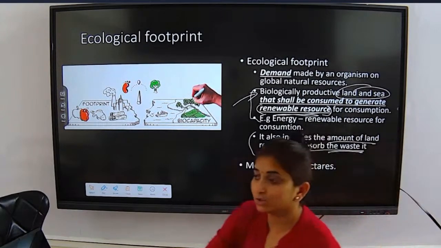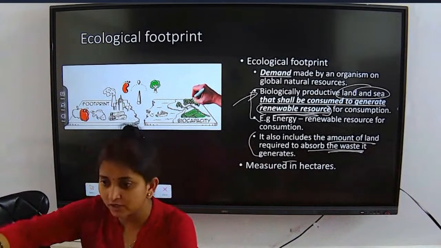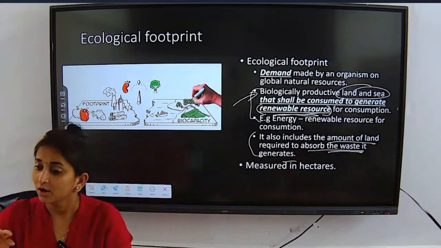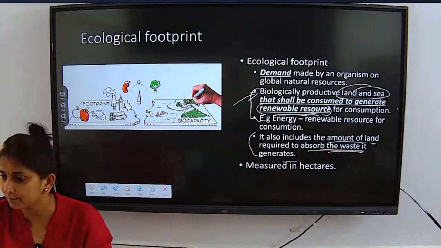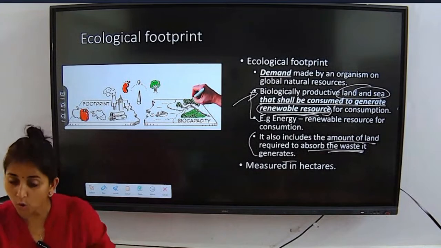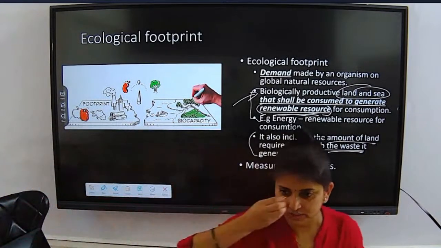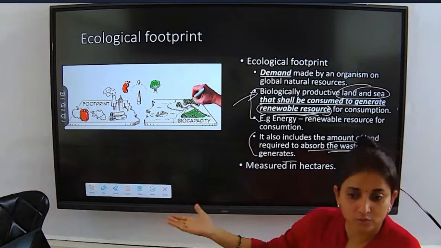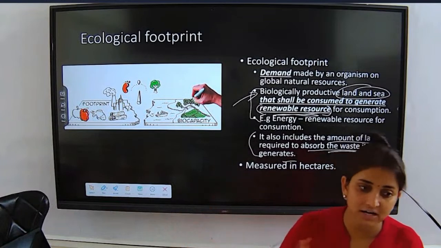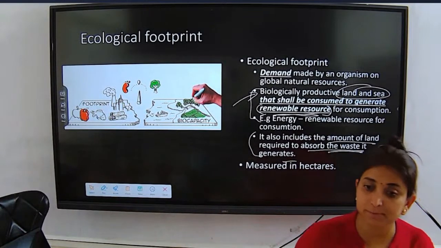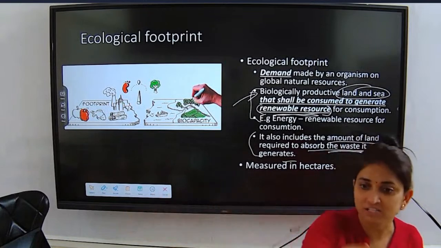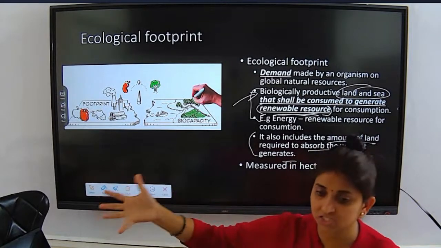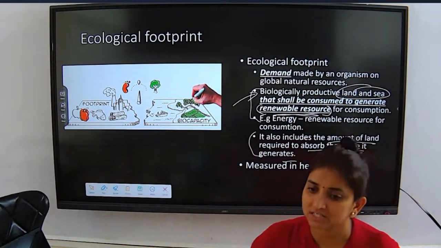Plus, you will require infrastructure, the road, for that auto to travel. Plus, you will require signals, right? And for your final walk, the food that you will consume to walk. So for all this consumption of energy and resources, you will require a piece of land, right? A piece of land for manufacturing the auto, for generating energy, or a piece of sea for producing petrol. So all this together, the land and sea which is catering to your demand, will be known as the ecological footprint.